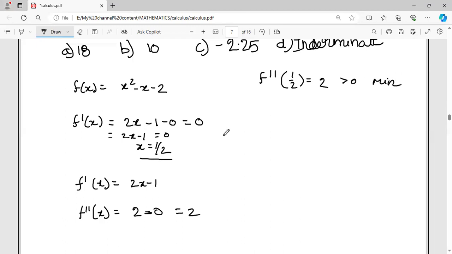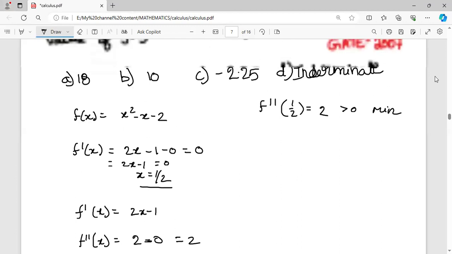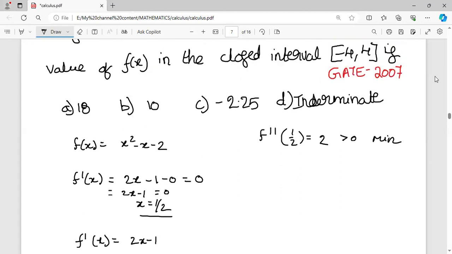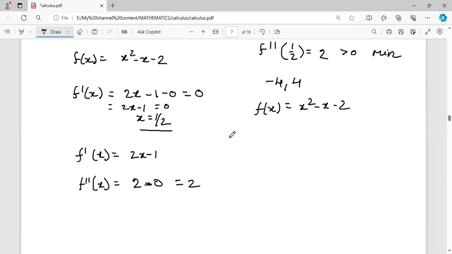But in this case, what is the interval given? Minus 4 comma 4, and the function f of x equal to x square minus x minus 2. So then you have to substitute the interval values.